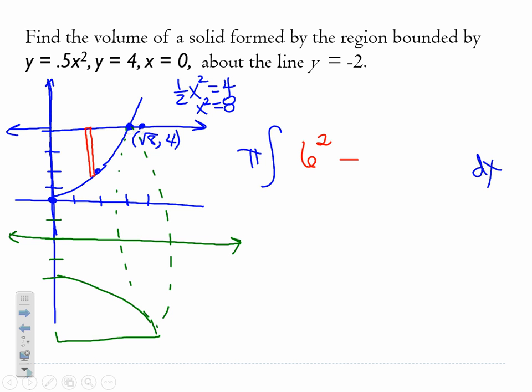I got two different answers shouted out. Remember, we always have to say top minus bottom. Since the rectangle is more positive, it needs to come first. So this function is 1/2 x squared minus negative 2.